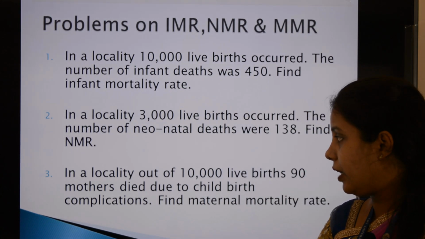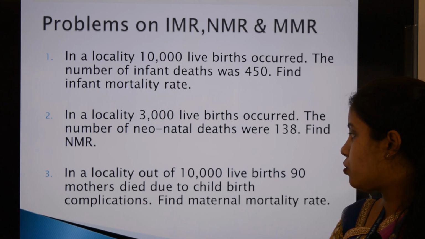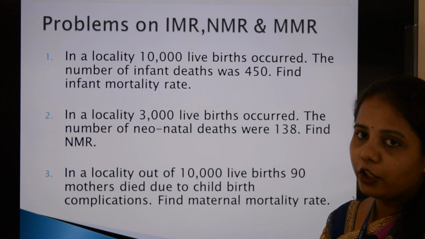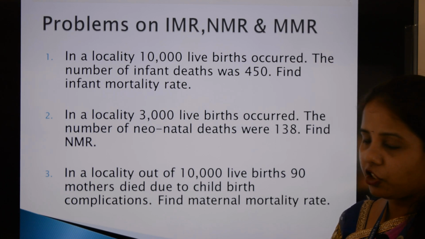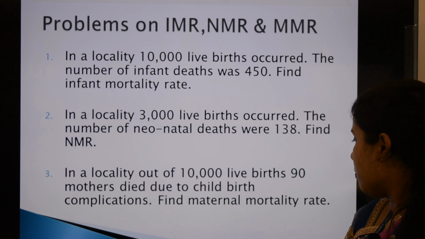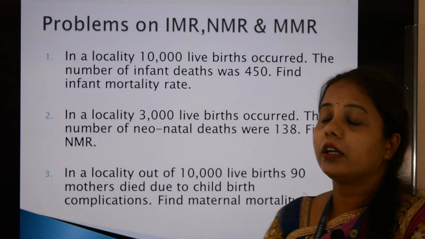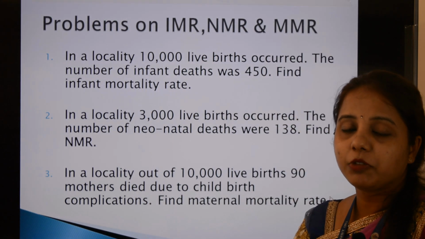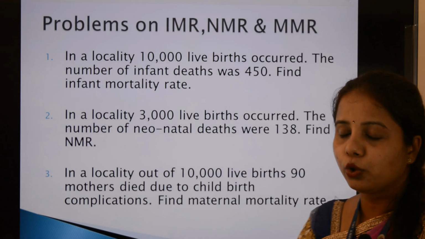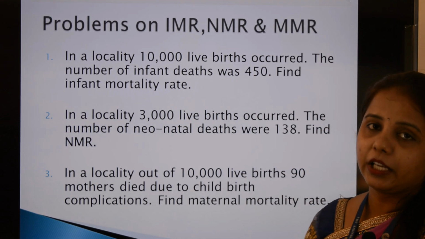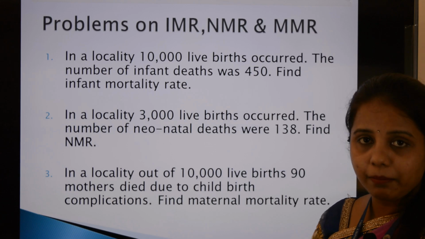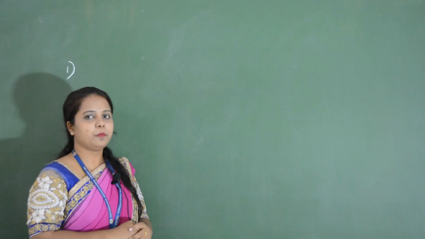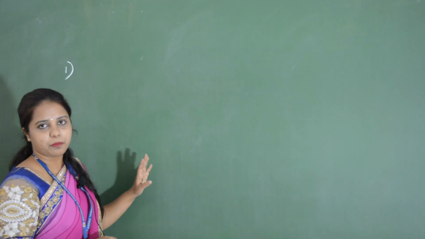And the third problem is, in a locality out of 10,000 live births, 90 mothers died due to childbirth complications. Find maternal mortality rate. So here 10,000 births occurred, and in that, 90 mothers died due to childbirth complications. Now we need to calculate IMR, NMR and MMR for these problems. I hope you have noted down all the three problems.